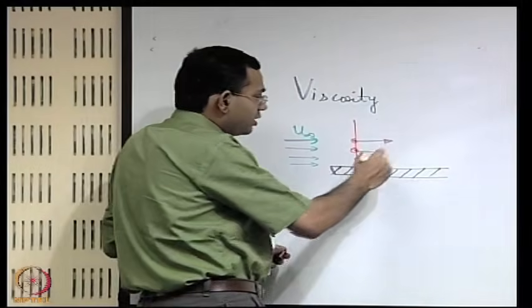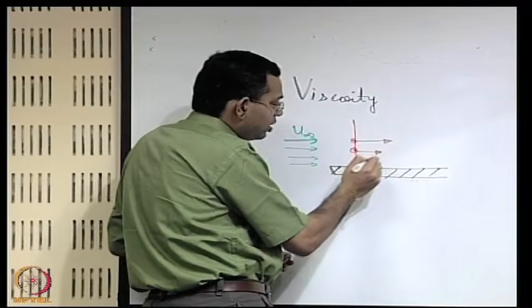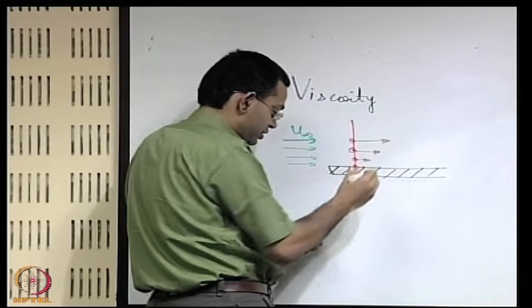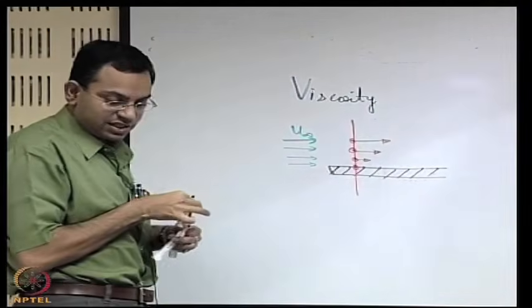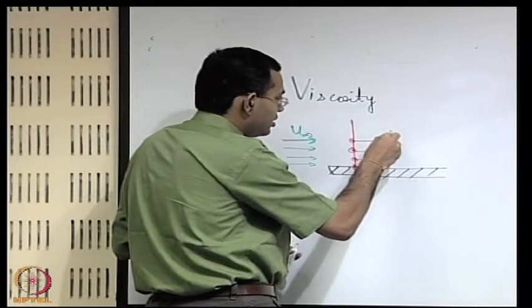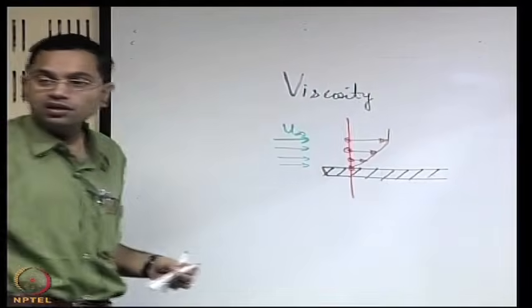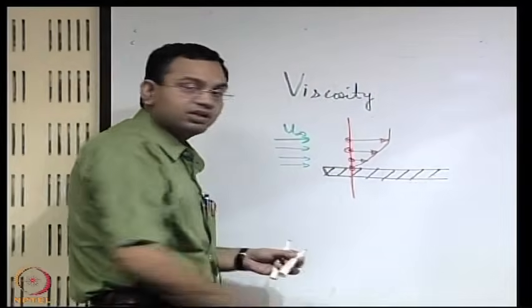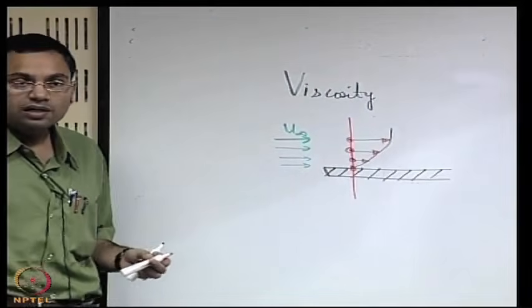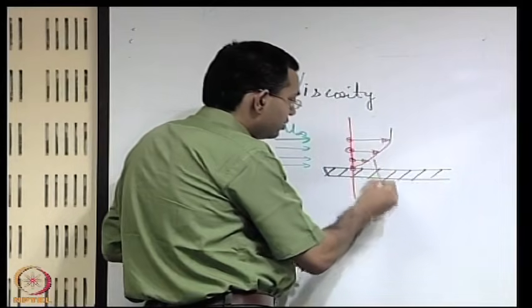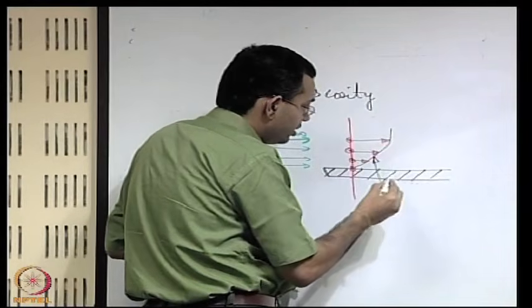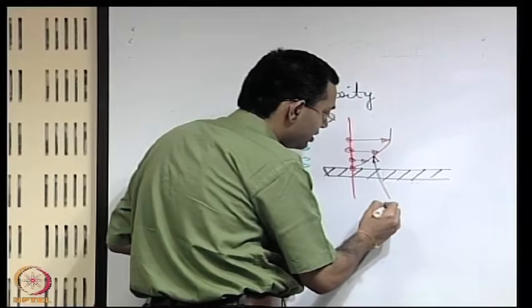So, one of the important understandings is that if you draw the locus of all these velocity vectors, you can make a sketch which represents how the velocity varies over the section taken along this red line, and this type of sketch, which we will encounter many times in our course, is known as a velocity profile.